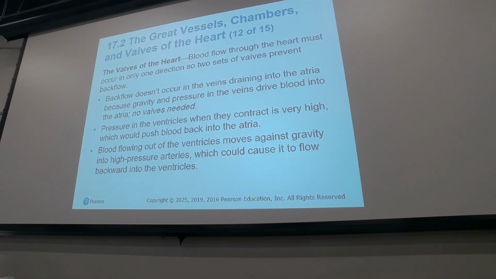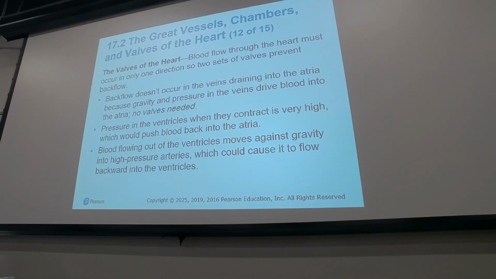So, the function of these atrioventricular valves is to prevent backward flow. In this case, the pressure in the ventricles when they contract is very high, that pushes the blood back into the atria.